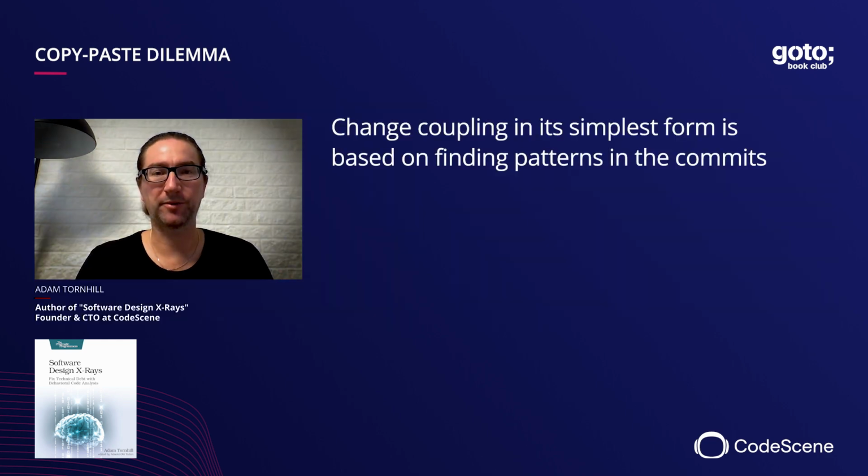So what I do, there are 2 aspects to it. One is getting the data: how do we figure out change coupling across Git repositories? The second challenge is how do I act upon it? And I wrote about this in the book. Change coupling in its simplest form is based on finding patterns in the commits, files that change together over and over again as part of the same commit set. That clearly doesn't work across repositories.